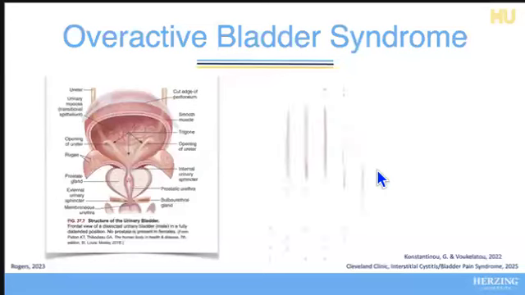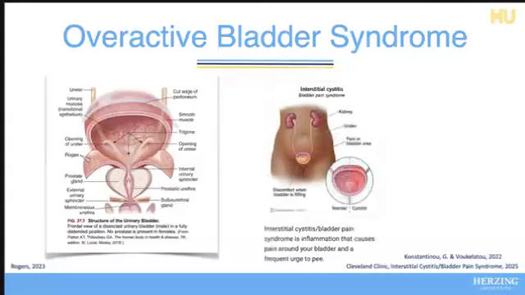The next thing we're going to look at is cystitis, which is an inflammation of the bladder and usually caused by a bacterial infection. The main symptoms include a frequent and urgent need to urinate, and pain or burning during urination. Sometimes they have cloudy or bloody urine, and pelvic discomfort as well.